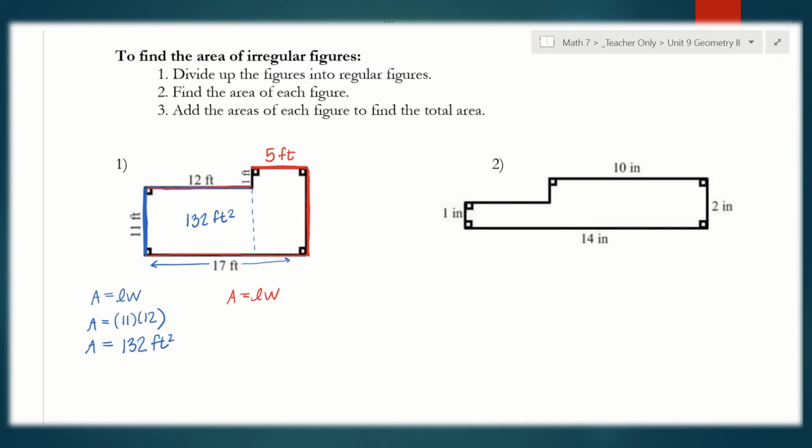Now, to find the length, I would look at the other side here and say, this was 11 and this is 1. So 11 plus 1 would give me 12 feet. So now that I have both the length and the width, I can multiply them and get that that area is 60.